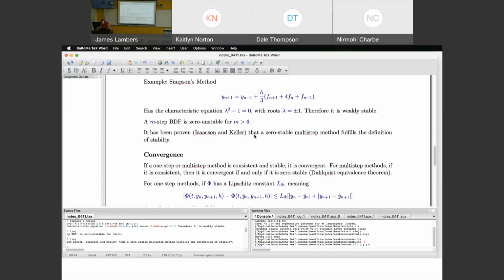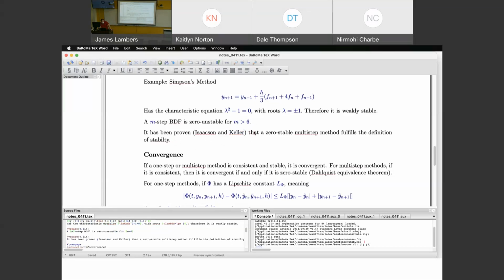All right, so that covers stability. For one-step methods, you show the phi function satisfies the Lipschitz condition. For multi-step methods, you check the root condition.